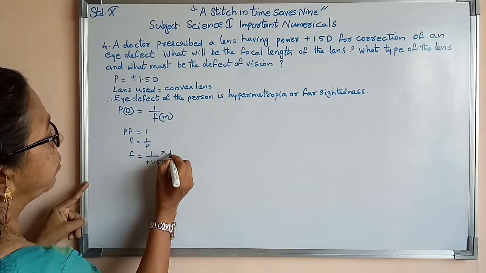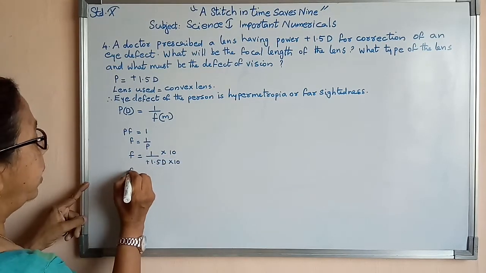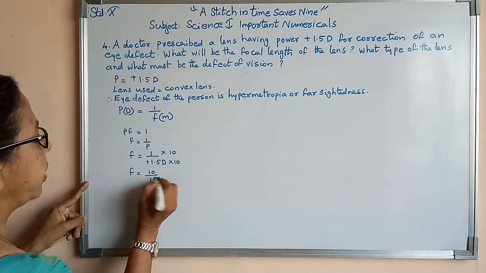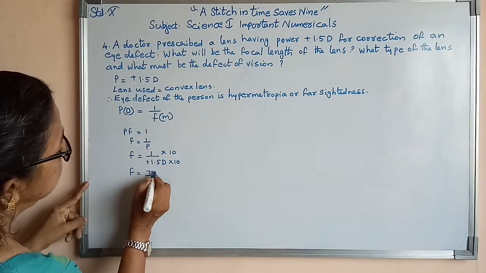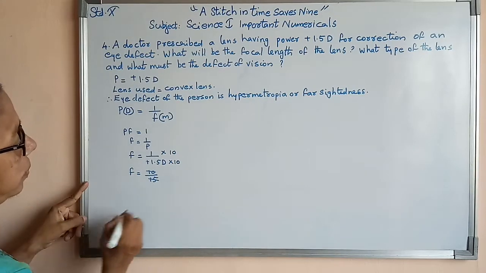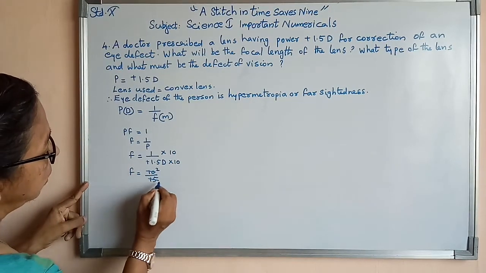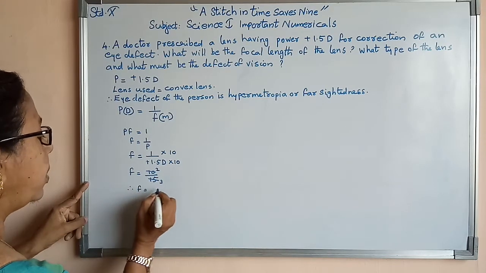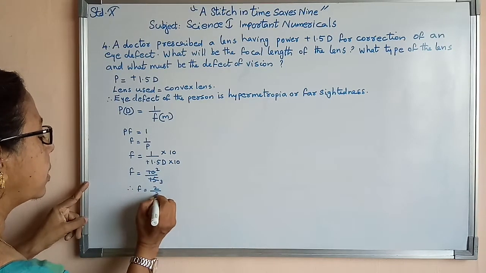Similarly this value also we multiply with 10. So F is equal to 10 upon 15. Both the values we can divide by 5. Here the answer will be 2, here the value will be 3. So therefore F is equal to 2 upon 3.